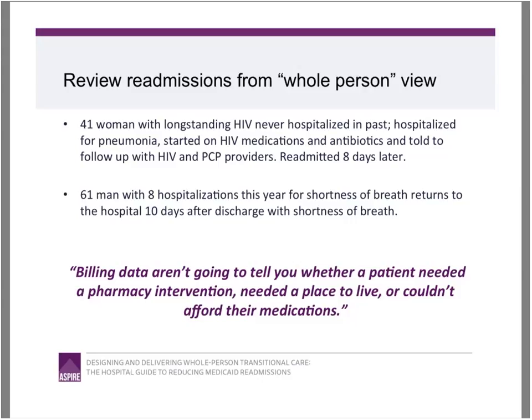Fortunately, her HIV had been stable for a number of years. So she had fallen out of care over time. She was hospitalized initially for pneumonia, started on HIV medications as well as antibiotics for her pneumonia, and instructed to follow up with her HIV and primary care provider. Unfortunately, she was readmitted 8 days later, and we interviewed her.